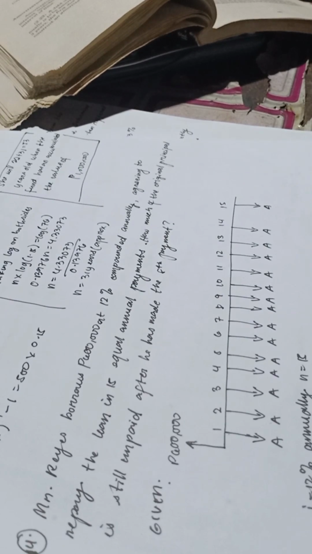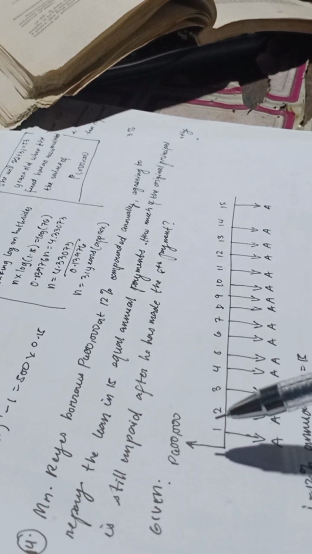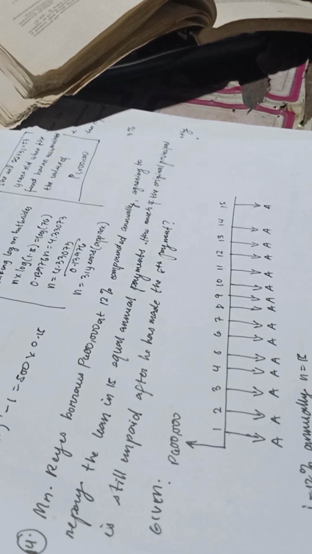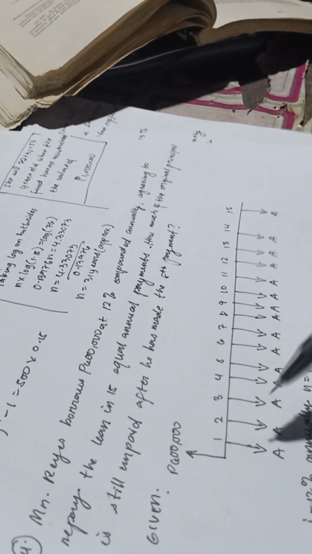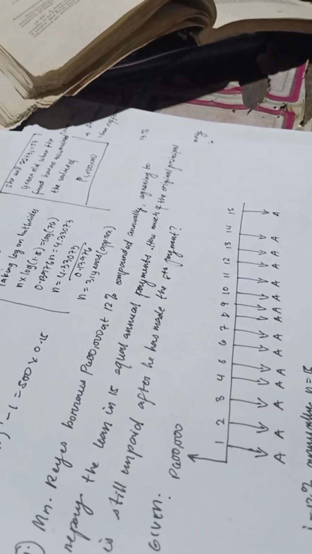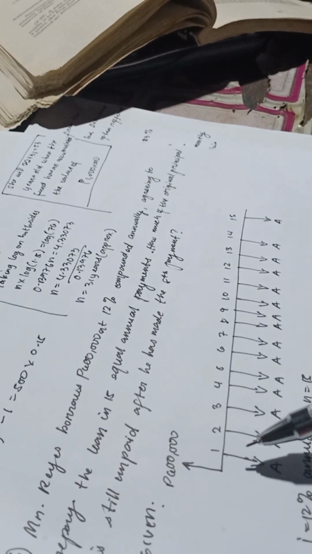So the given is 600,000, which Mr. Reyes borrows at 12% compounded annually. So the 600,000 is the first cash inflow.